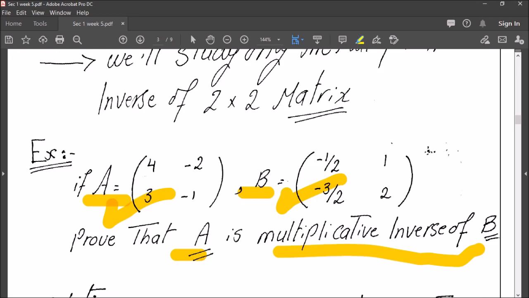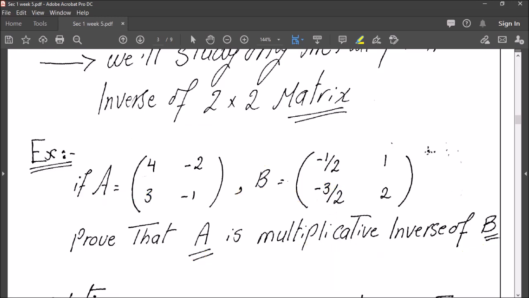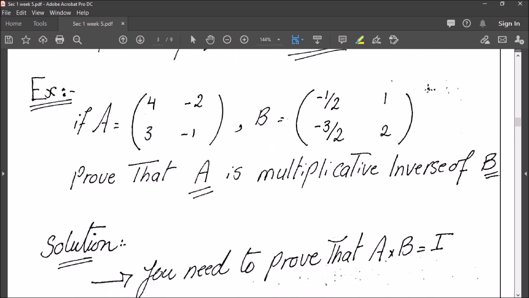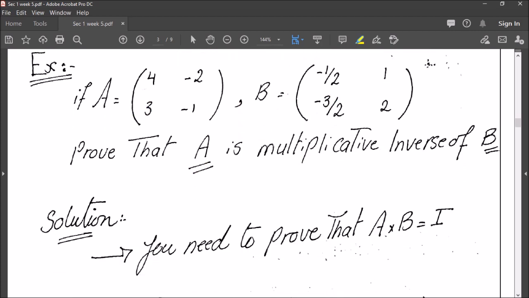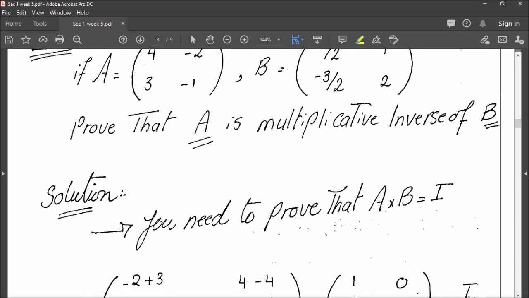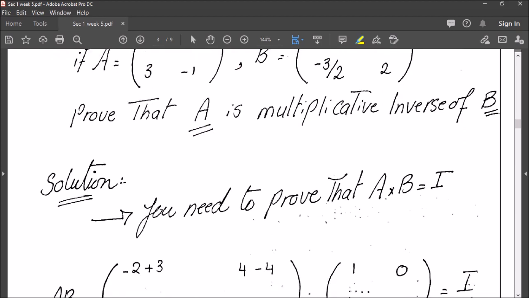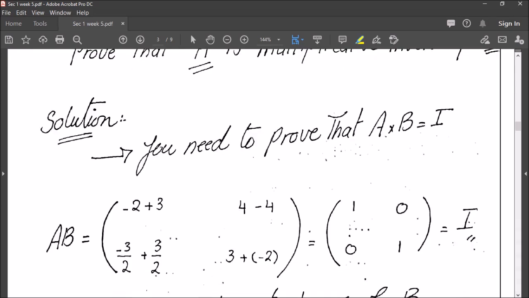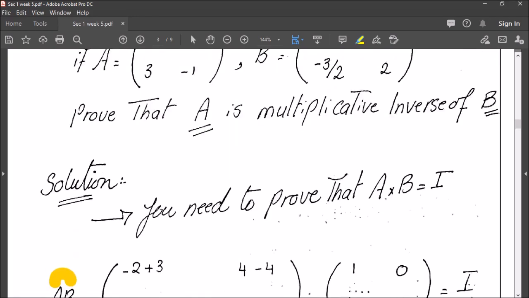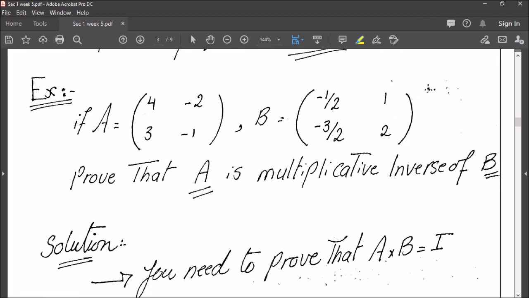So A multiplied by B, the result will be, yes, the identity matrix. Let's move on. Solution: you need to prove that A times B equals the identity matrix. AB equals, so I need A multiplied by B, matrix A multiplied by matrix B, row times column.